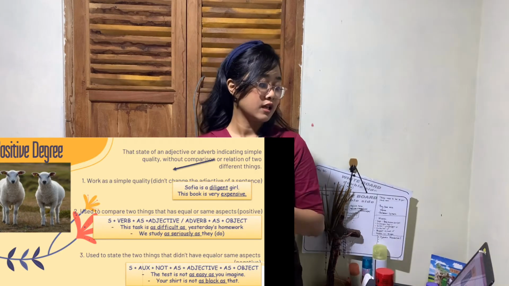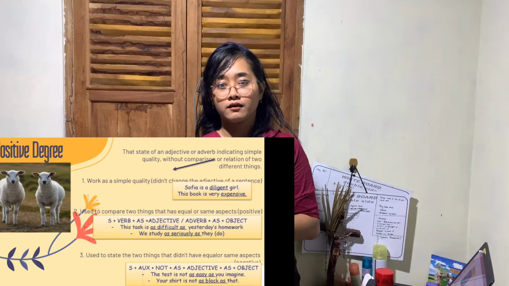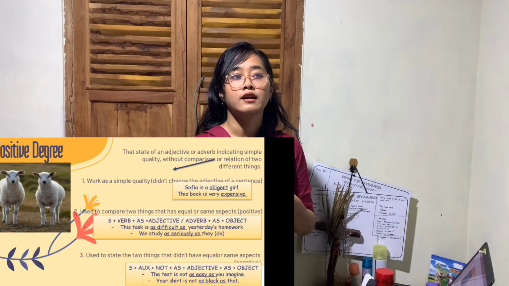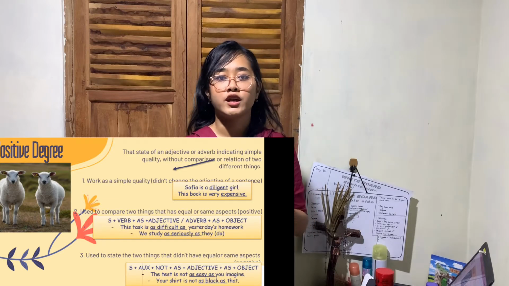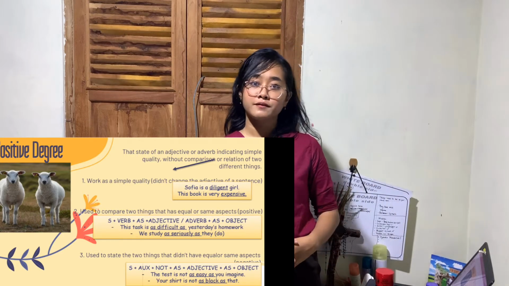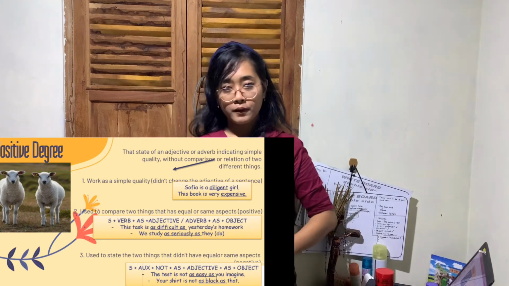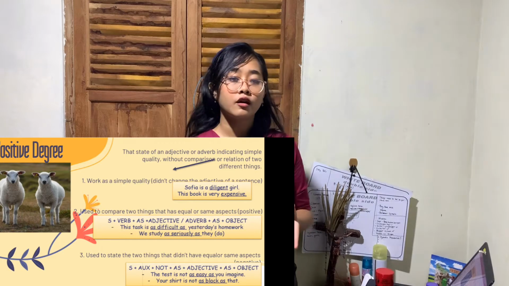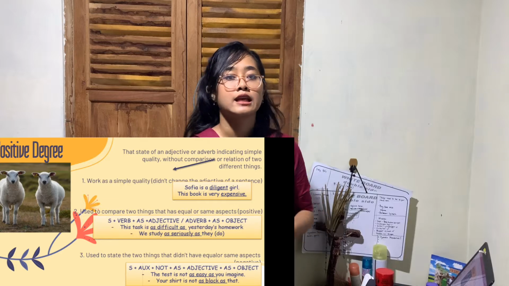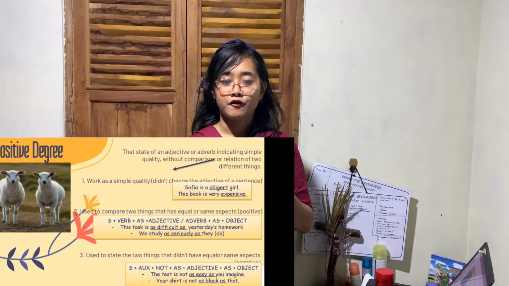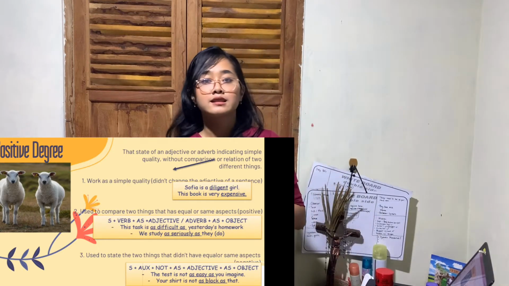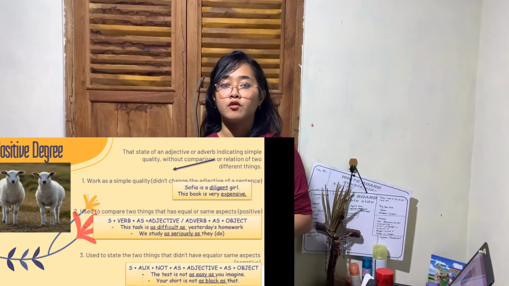For example, like this: Sophia is a diligent girl. So diligent is an adjective, the basic form, and it doesn't change in the positive degree. And then the second function, we use it to compare two things that have an equal or the same aspect that exists in those things. For example, like this: this task is as difficult as yesterday's homework.